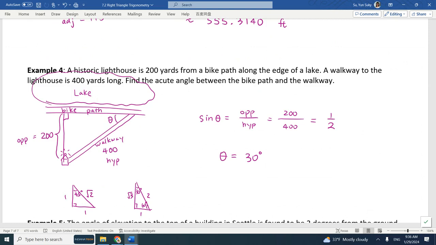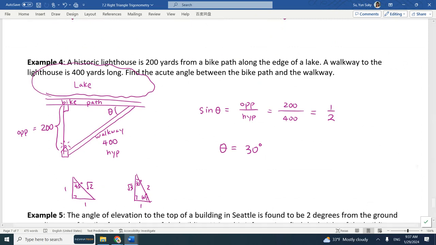Up to this point, we can only solve the angle for these two right angle triangles. After we learn section 8.3, the inverse trigonometry functions, this ratio could be any ratio, and then we apply inverse sine to find the angle. Okay. So after section 8.3, we'll learn more.